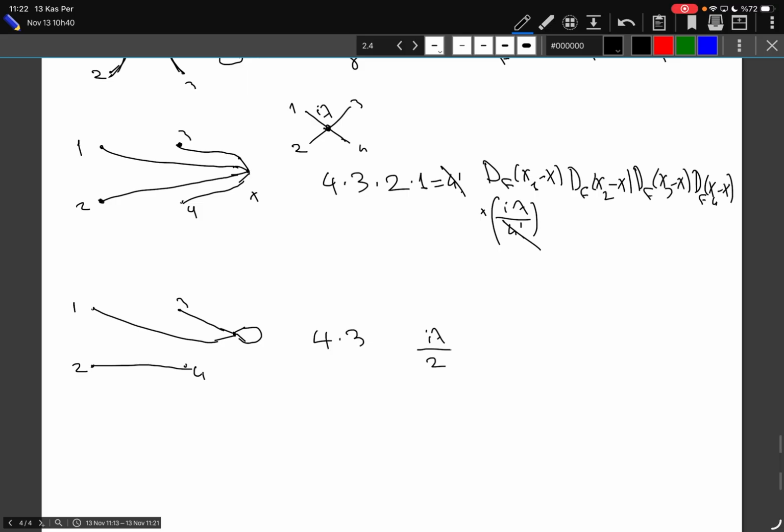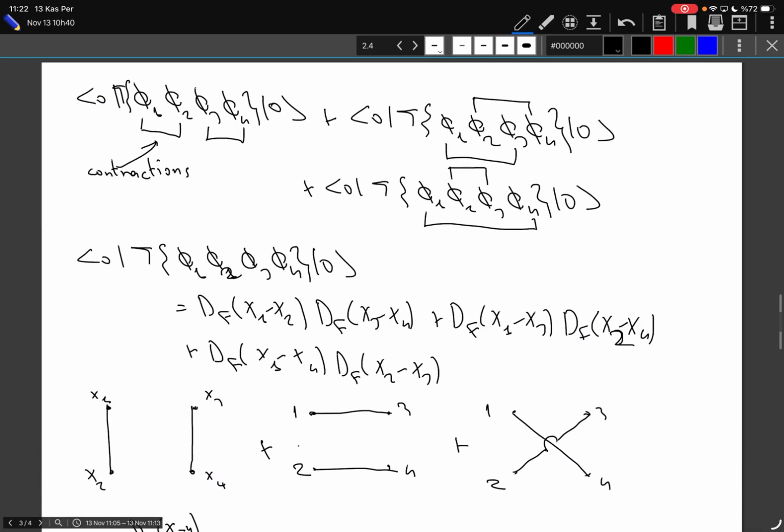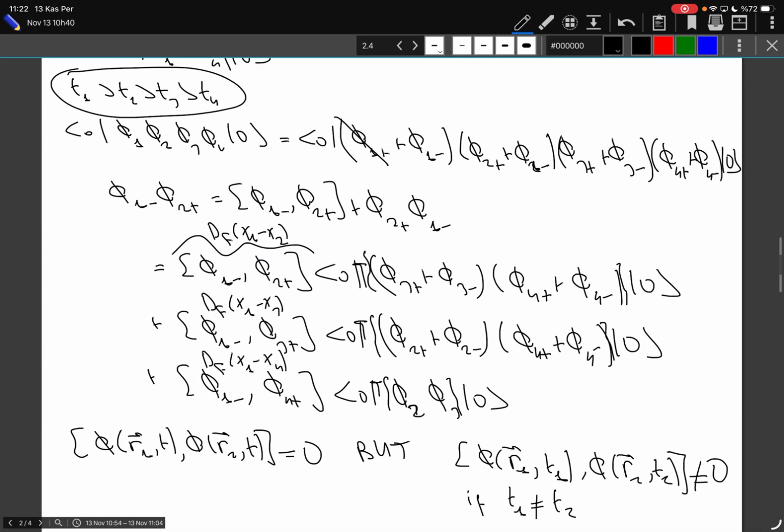But if you go back to our discussion over here about taking one field and commuting it all the way around, I have to commute my field with each one of those fields at the point x separately. So I will get four contributions, four different commutations.